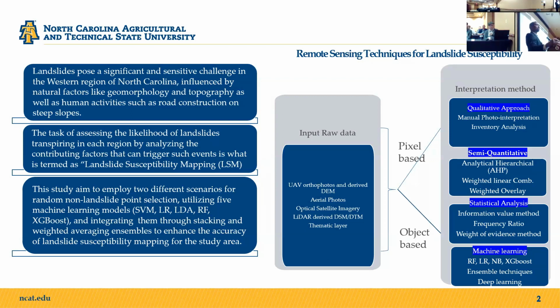And also after that, there is still development into ensemble learning by combining different machine learning methods together, and coming up with a good one that increases the accuracy and the consistency of our predicted susceptibility.